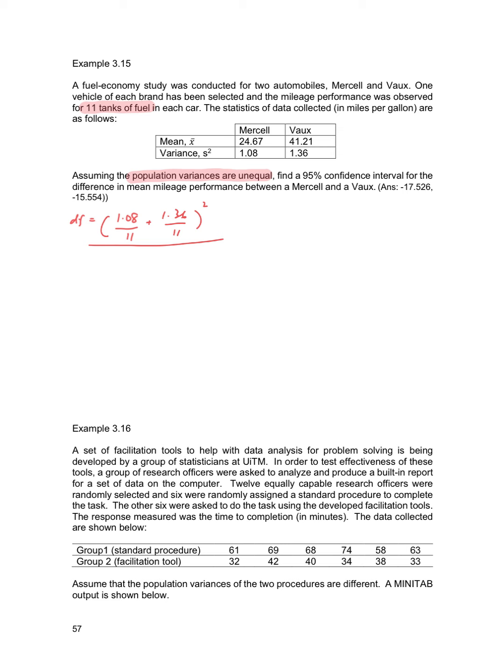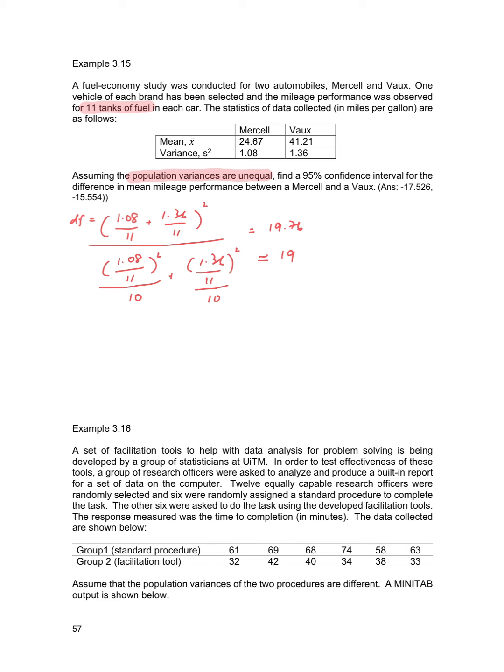Then this one is (1.08 over 11) squared over 11 minus 1, which is 10, plus (1.36 over 11) squared over 10. So finally we get the degree of freedom is 19.76. We truncate the value, it will become 19.